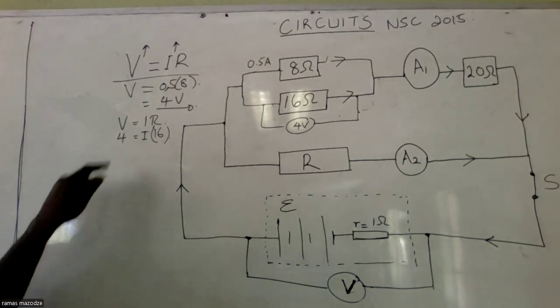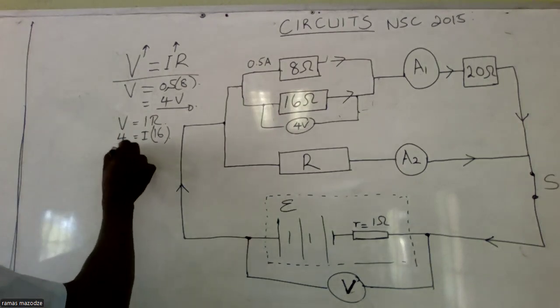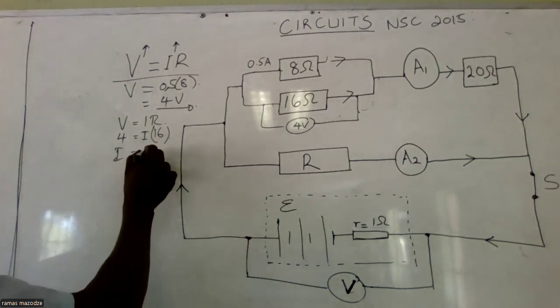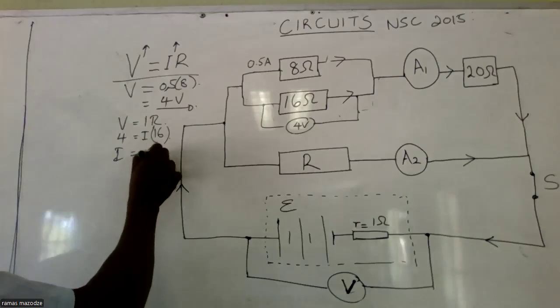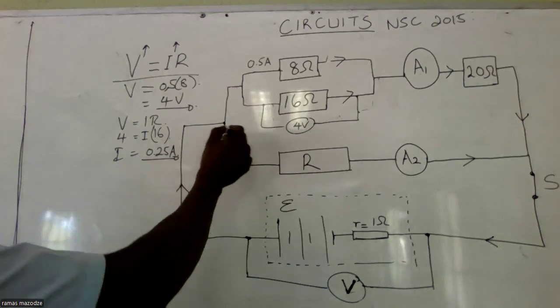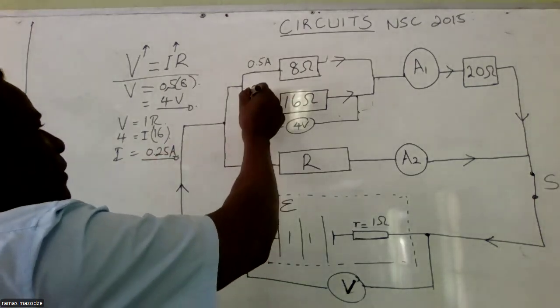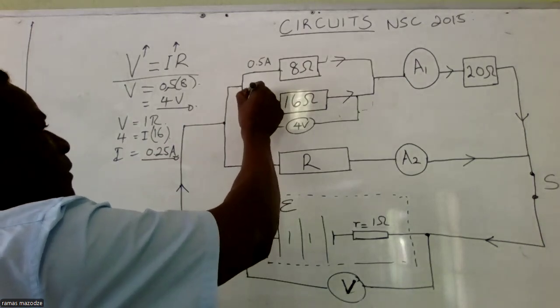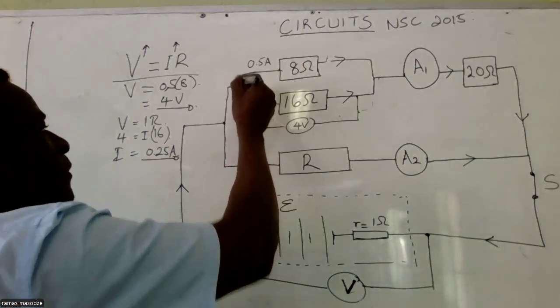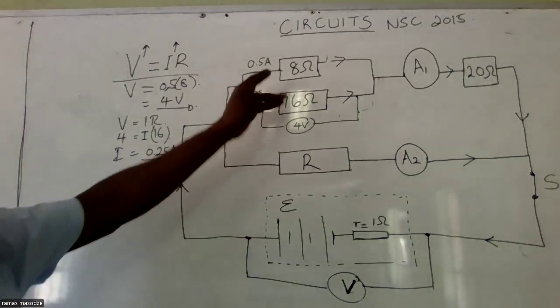A quarter. So that gives you the current equals 4 over 16, which is 1 quarter, which is 0.25 amps. So you are going to get 0.25 amps going that way. Okay. So first question is answered.